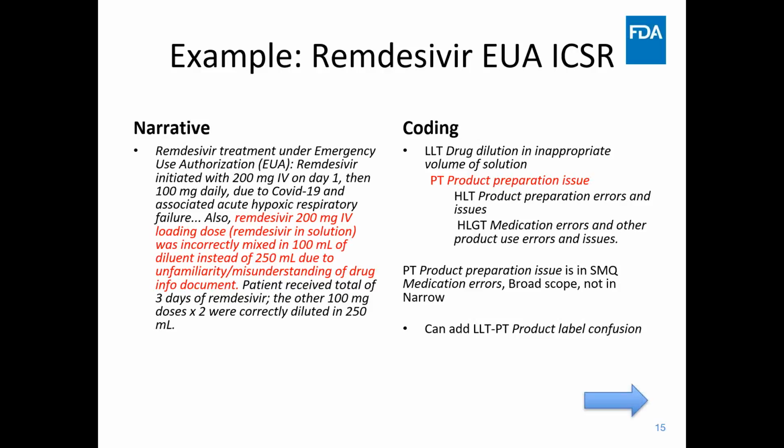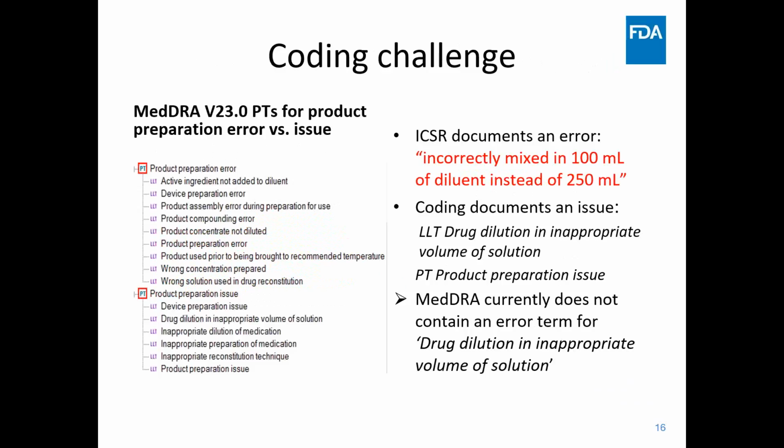The coding challenge is that the MedDRA terminology contains a specific preferred term for product preparation error and one for the product preparation issue. So this particular case documents an error. There was an incorrectly mixed drug in 100 milliliters of diluent instead of 250 milliliters.